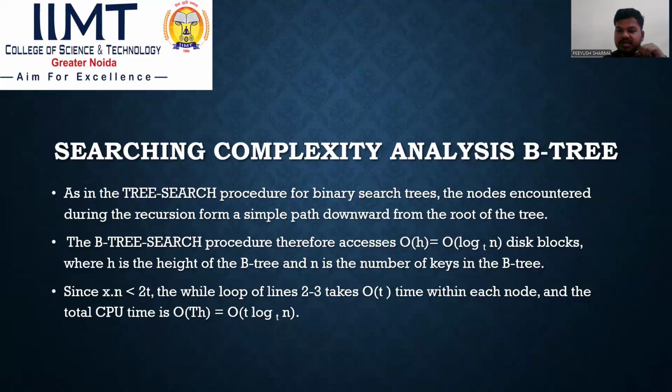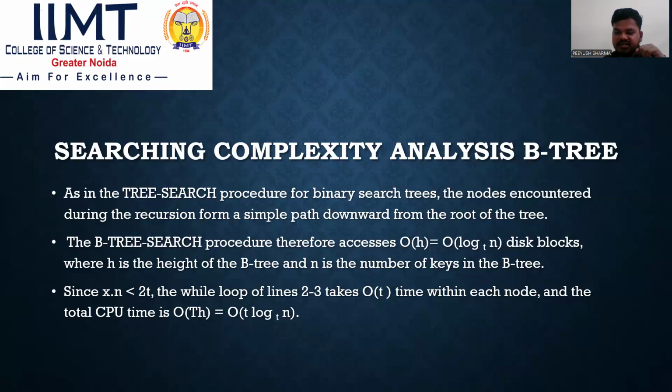And what will be the minimum keys? The minimum keys should be t minus 1, that is 5 minus 1, that is 4. So in a particular node, there should be at least 4 keys and at most 9 keys, right? So in a particular node, if we are searching for a key, then we have to search what?